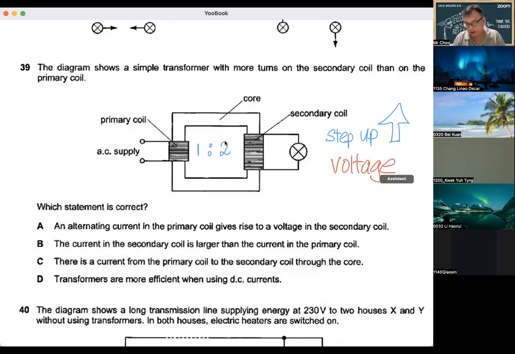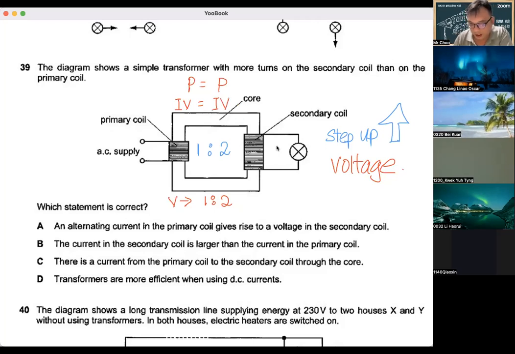Very good. So when the voltage goes up, the voltage itself is also 1:2. There'll be a higher voltage on the secondary coil. Assuming there is no loss, the power on both sides will be the same. Power is the same as IV or VI, either one is okay.